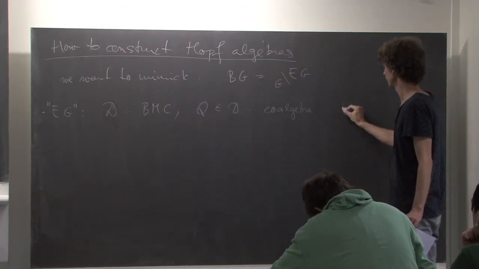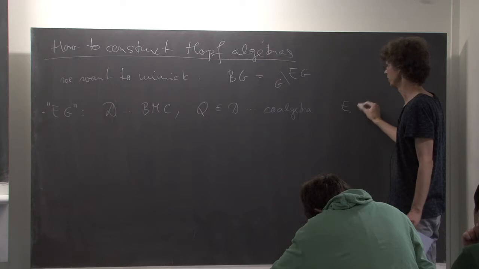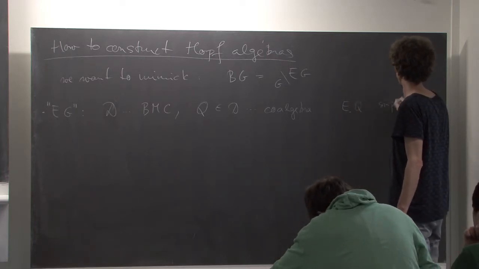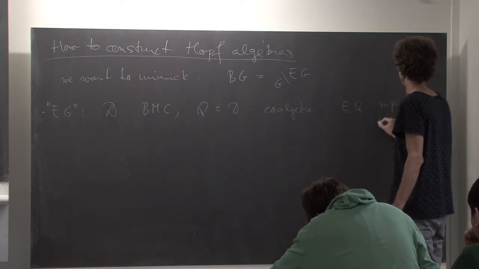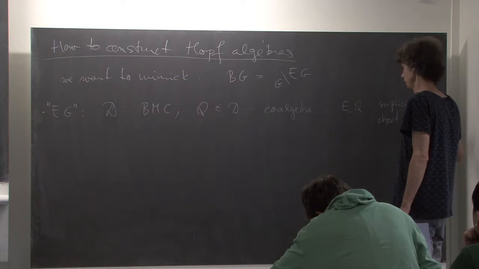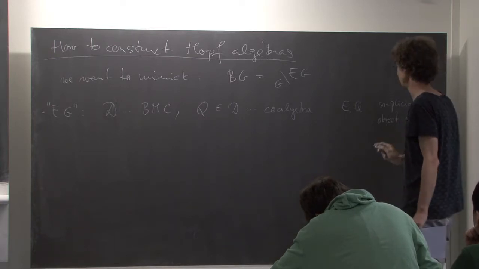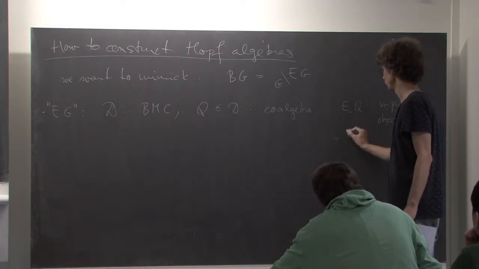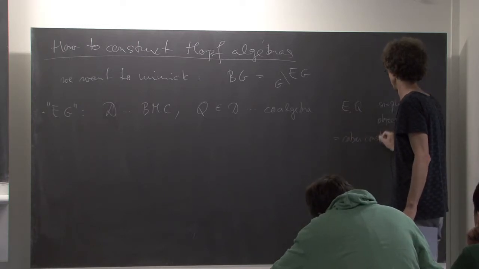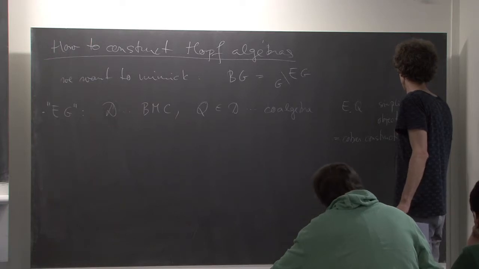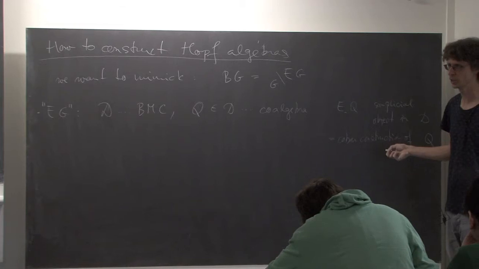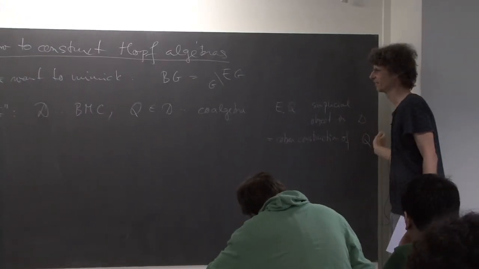So then we can construct what I will call EQ. It's a simplicial object in D, and it's what is called the bar construction of Q. It has a strange name, but it's something very simple.